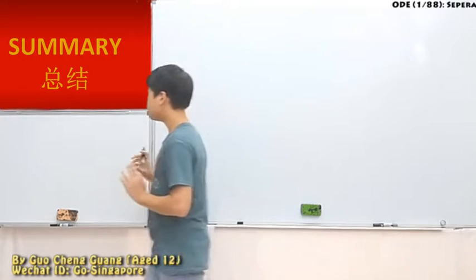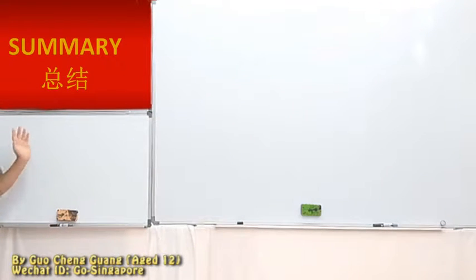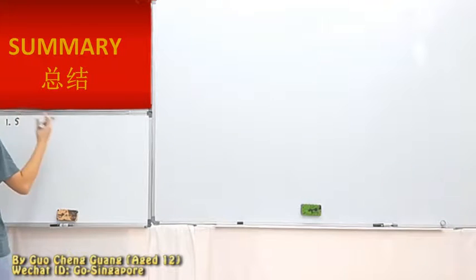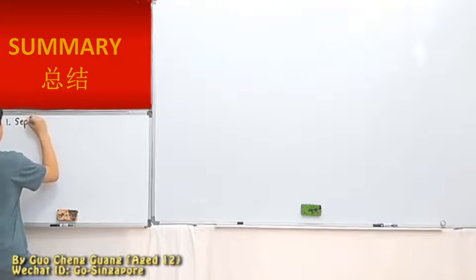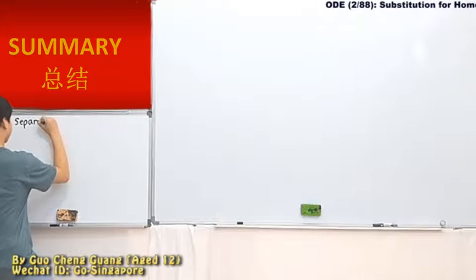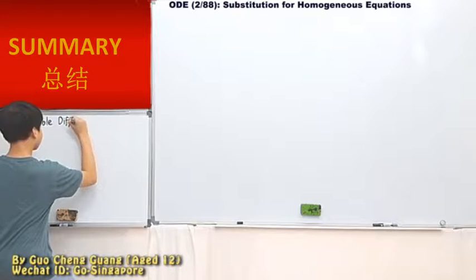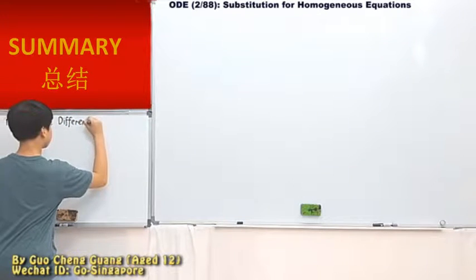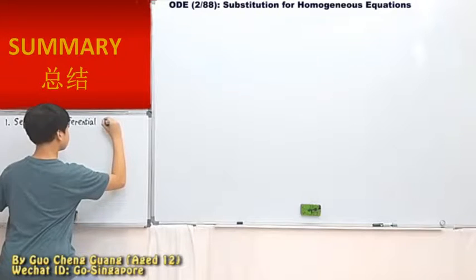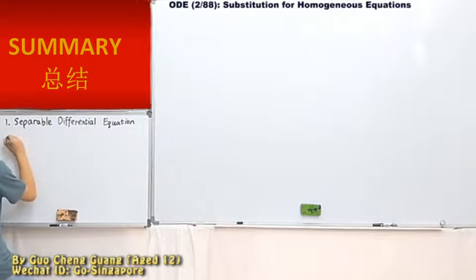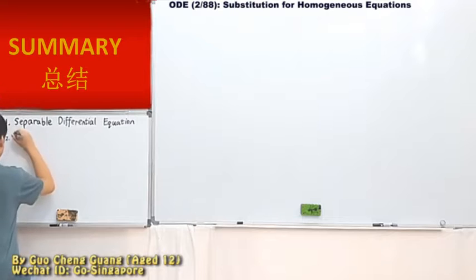But I'm just going to write down first all those types of methods that we have already revised. The first type we have revised is the separable differential equations. The second type is the total differentiation.